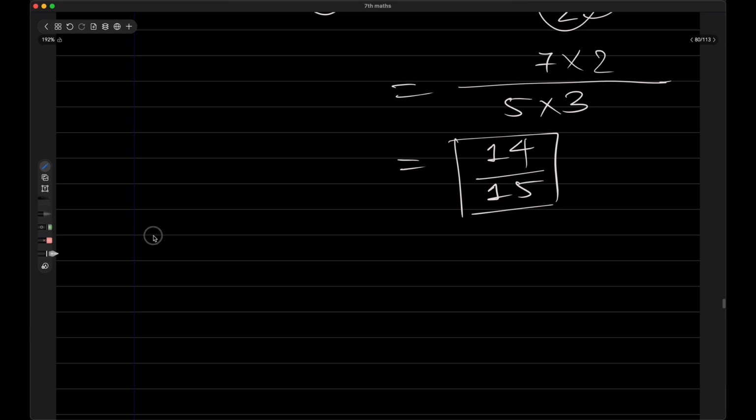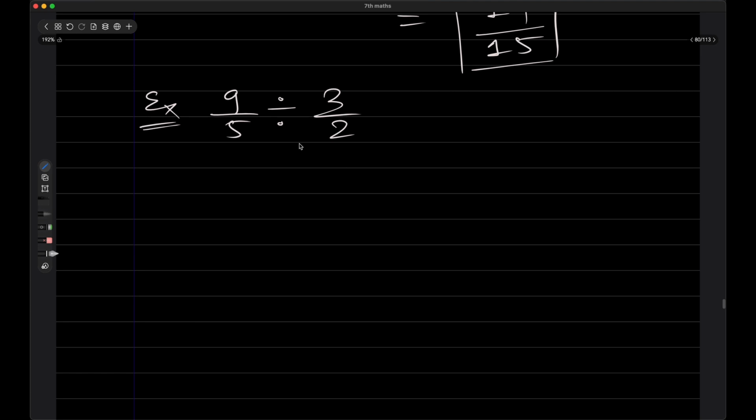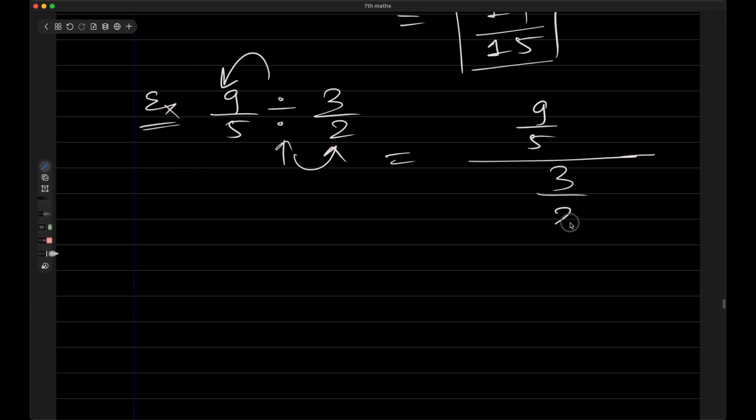Let's take one more example, that is 9 divided by 5 divided by 3 divided by 2. Starting from the division sign, that is left side above the division sign, 9 divided by 5. Right side below the division sign, that is 3 divided by 2.